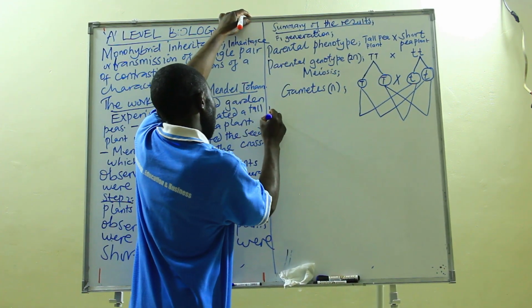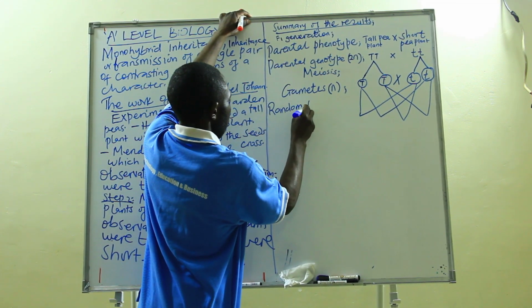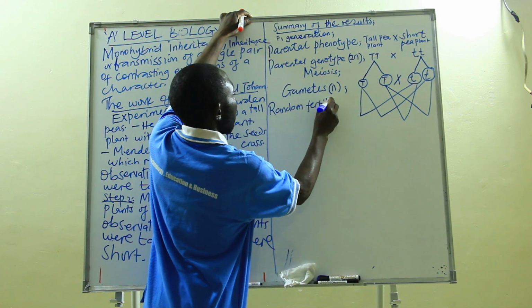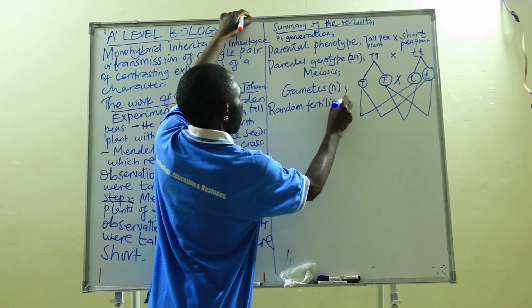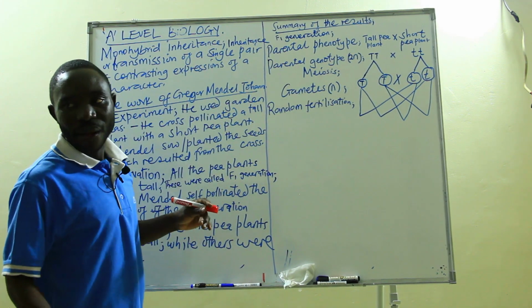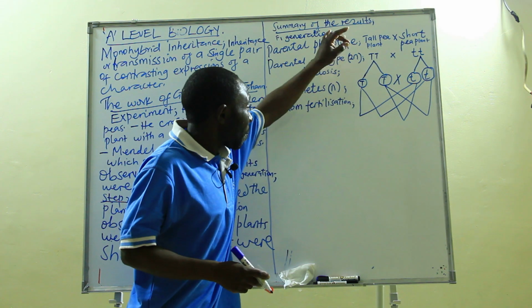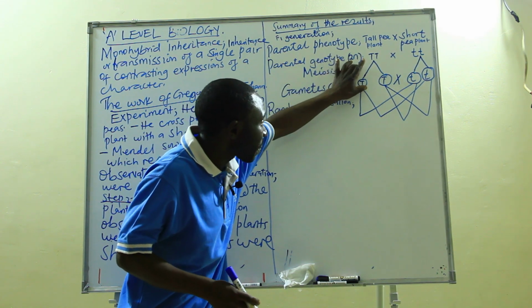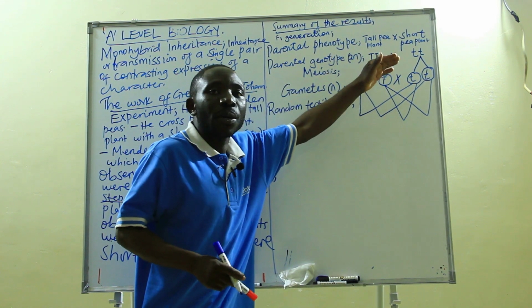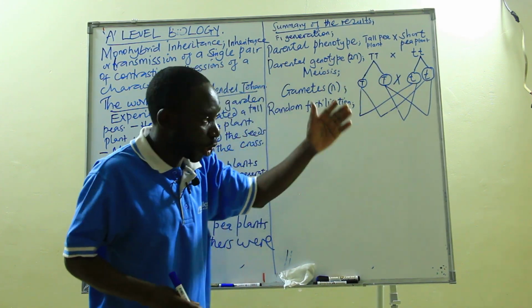This is random fertilization. It is called random fertilization because there is no order; any one allele of one gene can randomly combine with the allele of the other gene.